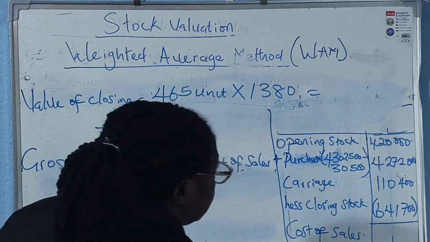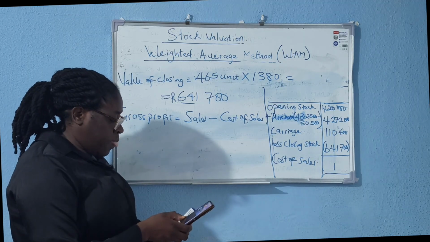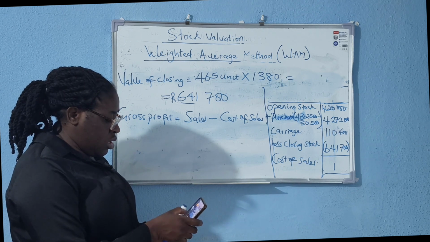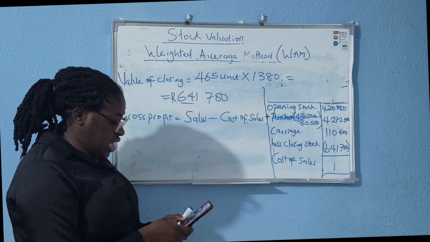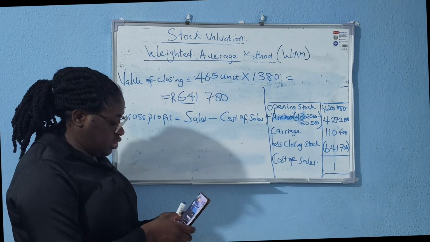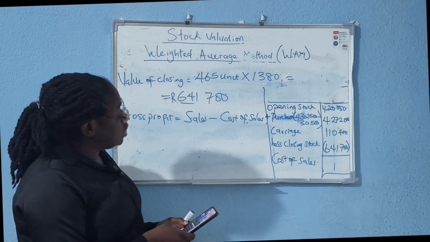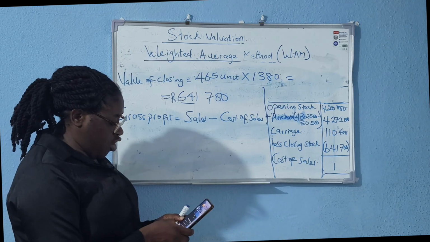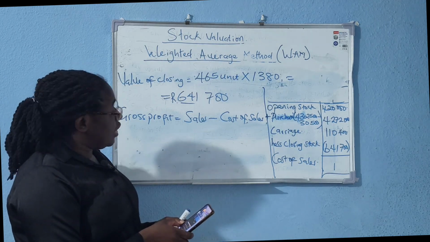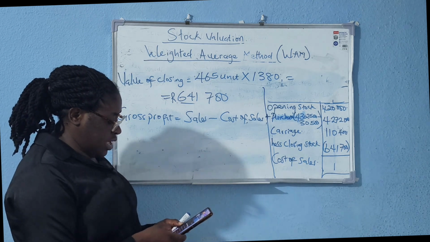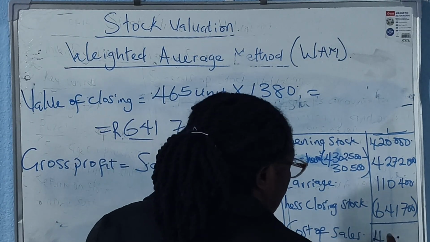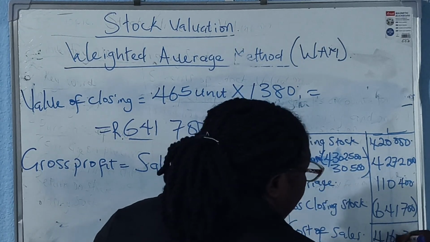So let's compute our cost of sales. Cost of sales stands at 420,000 plus 4,272,000 plus 110,400, and then minus 641,700, and that will give me the total cost of sales of 4,160,700.